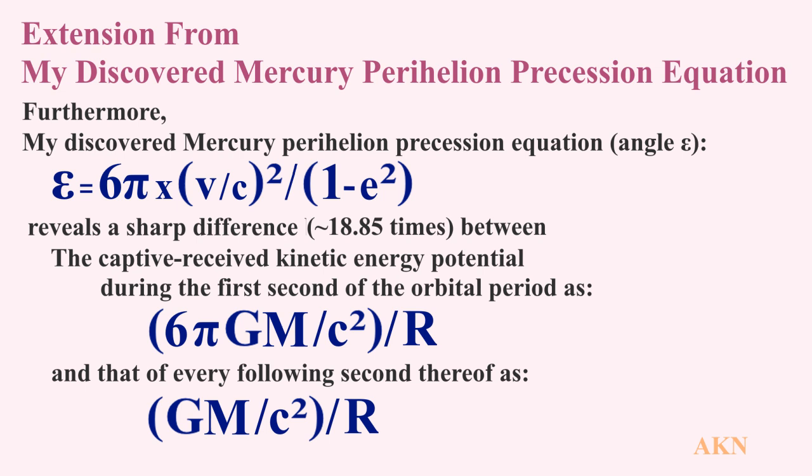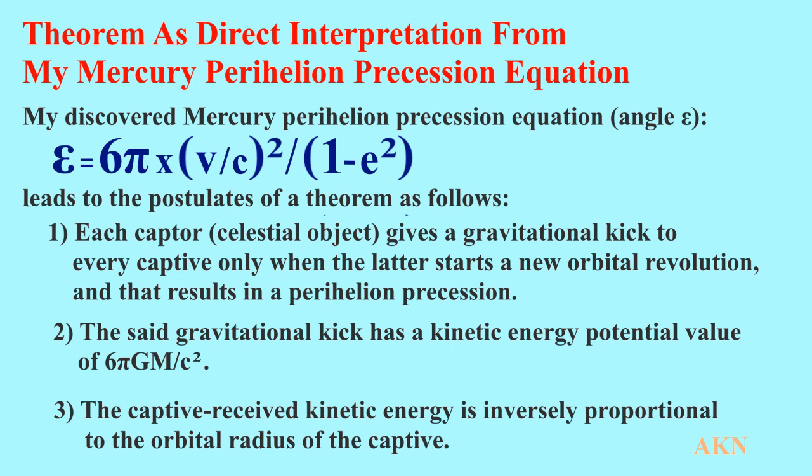Furthermore, my discovered Mercury perihelion precession angle equation reveals a sharp difference of about 18.85 times, which is 6 pi Gm versus 1 Gm, between the captor's received kinetic energy potential during the first second of the orbital period and that of every following second thereof, as shown here. My discovered equation can lead to the postulates of the new theorem as follows.